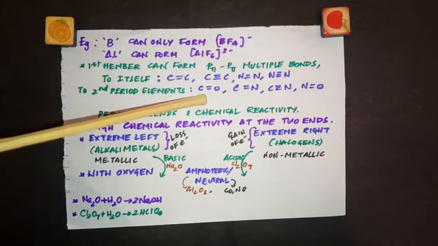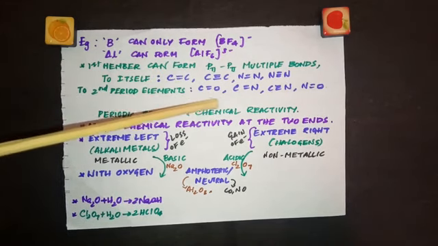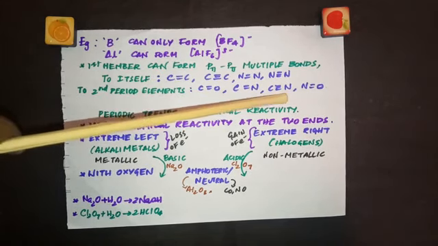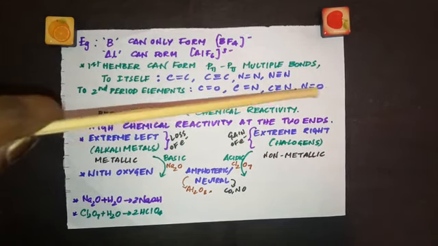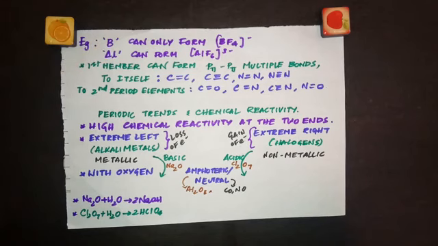So carbon can bond with oxygen. See, C double bond O, C double bond N, C triple bond N and N double bond O. So they can form multiple bonds with themselves and also with the next element. But the other members in the same group don't show such pπ-pπ multiple bonds like the first member.